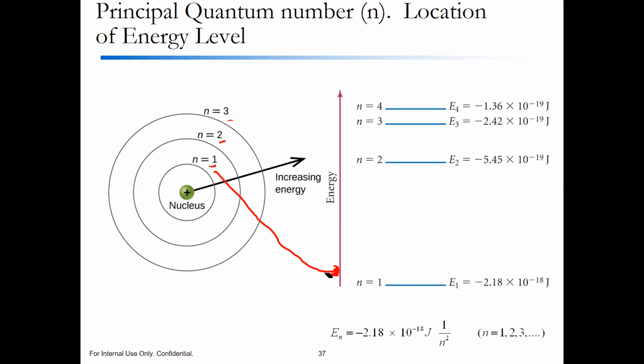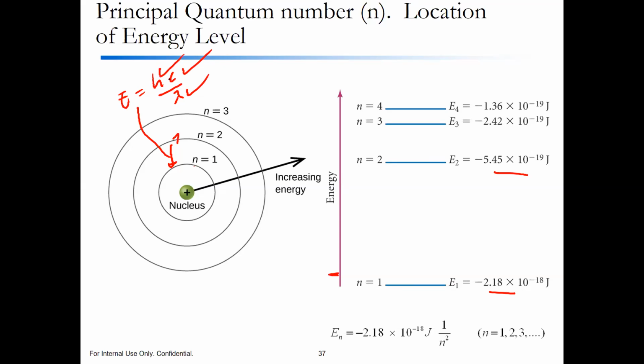So now you have levels 1, 2, 3. They have a certain amount of energy. How do we know the values of these energies? Because the electron is here, I could heat it up and make the electron go there. And then the electron is going to come back down. When the electron comes back down, can I measure that with my instrument? Yes. Do I know the speed of light?